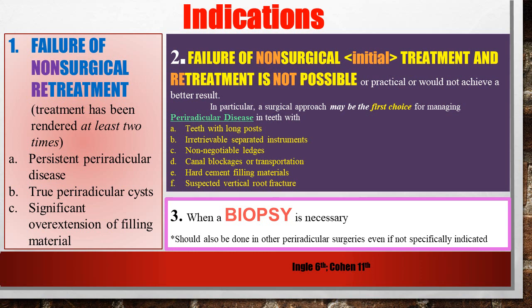In such cases, yes, the cleaning and shaping is compromised, and the formation of a periapical lesion is possible. So yes, in those cases, later on when you see that a periapical lesion has formed, you will have to perform surgery. There's no other way other than extraction.